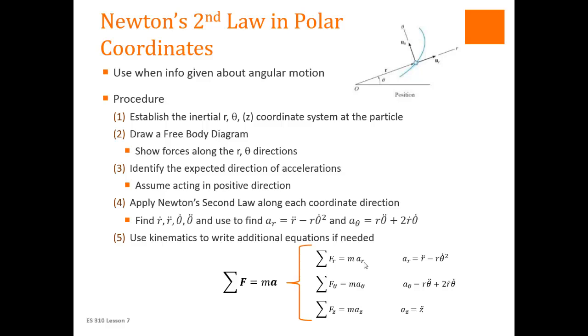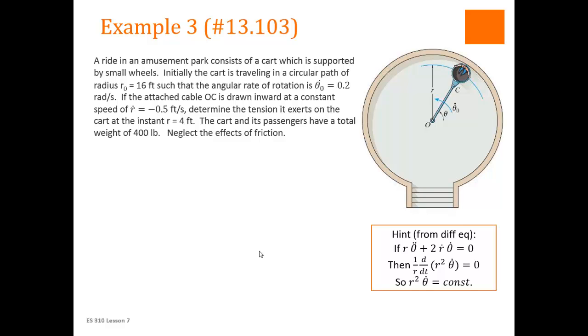We're using our kinematic definitions for a_r, a_theta, and a_z. So once again, remember, we can find these so long as we know r dot, r double dot, theta double dot, and in this case z double dot. And then we use any kinematics to write additional equations which we might need to relate things to position or time or velocities. So let's take a look at how this works.